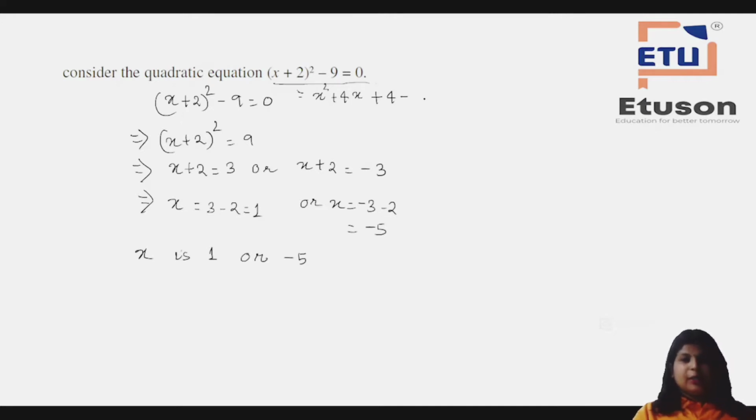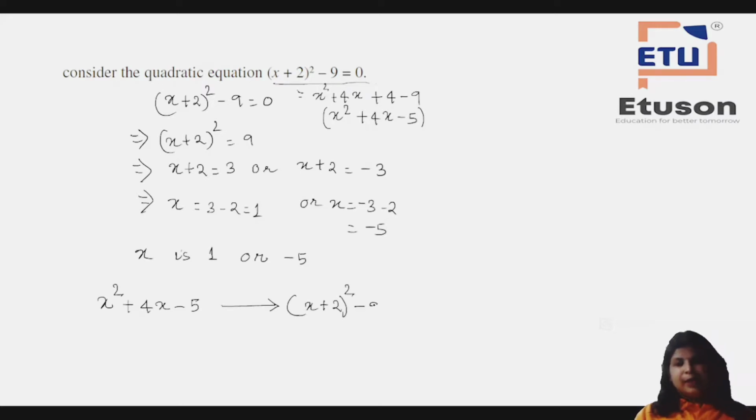So that is what I have written, minus 9. So it is nothing but equal to x square plus 4x minus 5. So this term x square plus 4x minus 5, we are converting it into x plus 2 whole square minus 9. Correct or not? We are converting it into this form. So how are we doing that?